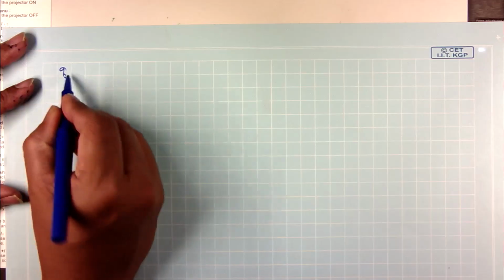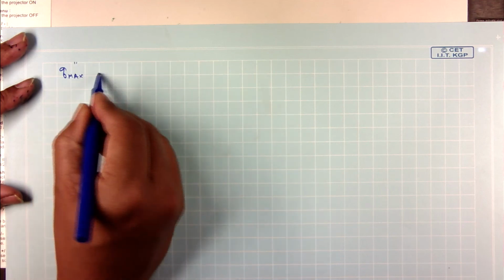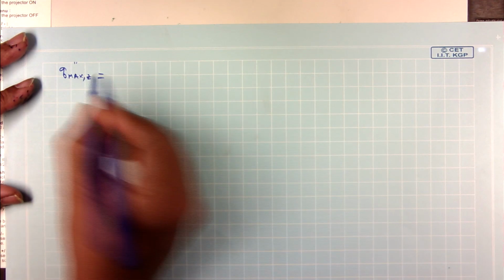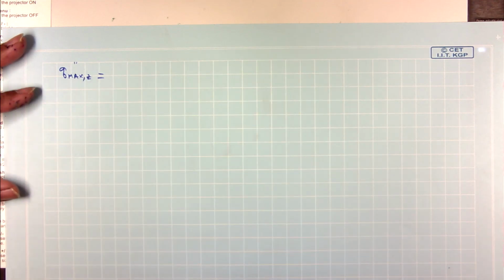So let's go ahead and calculate the maximum heat flux at 1 atmospheric pressure on a large heater. Okay. So, what did we say was the value of the maximum heat flux? Let us recap. Can somebody tell me what is the equation?